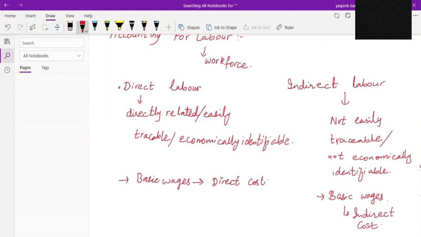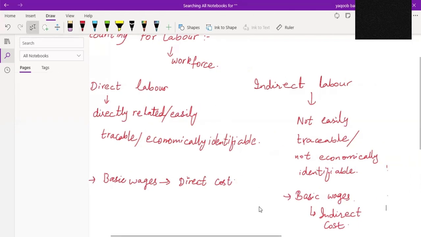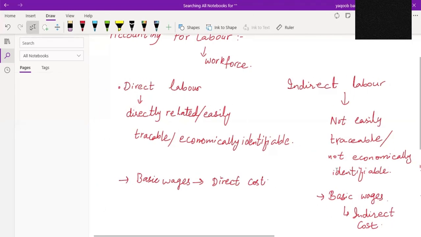So this is called what? This is called direct or indirect labor. And this is the treatment of their basic wages.